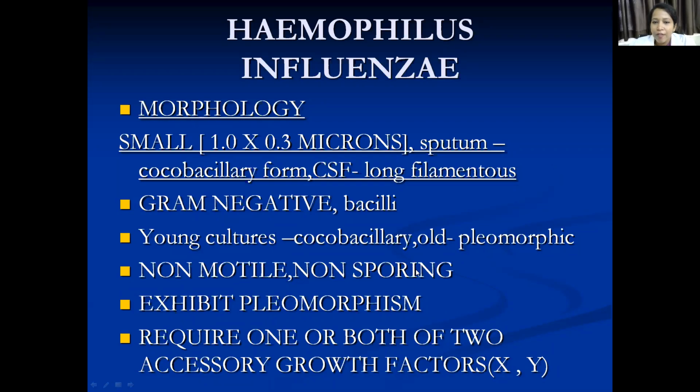Do they have flagella or not? No, because they do not have flagella, they are non-motile and non-sporing, and they exhibit pleomorphism.